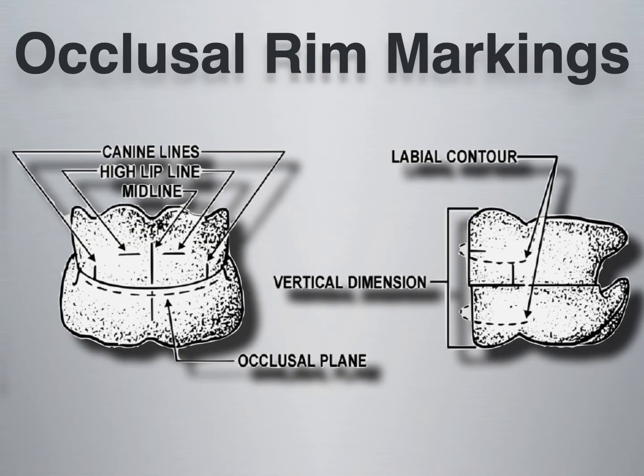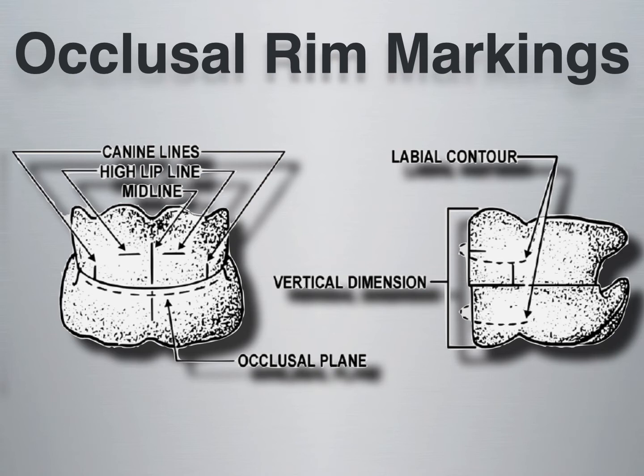Once again, regarding the instructions that are given to us on these occlusion rims, areas that are important for us to see as technicians are the midline, right? That is obviously the center of the patient's face, and we know where our central should be positioned. Our high lip line tells us where the lip reaches during the biggest smile the patient can make, right? That kind of helps guide us with how big our teeth should be. We don't want the patient smiling and having all wax or gingiva showing.